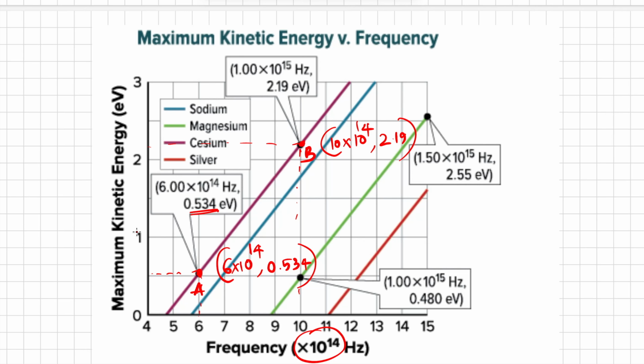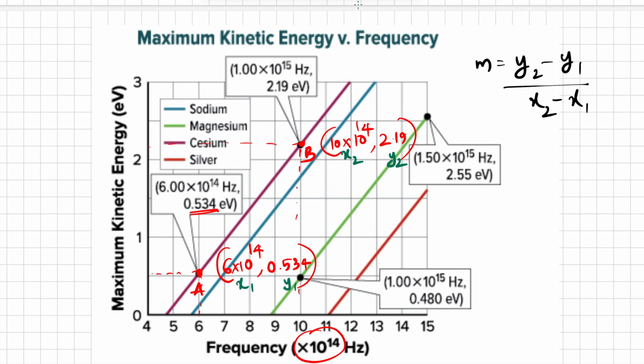Now let's find the slope of this graph. How do we find the slope? m is equal to y2 minus y1 over x2 minus x1. So let's say this is x1, y1, and this is x2, y2.